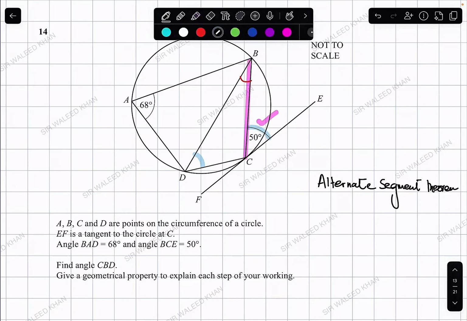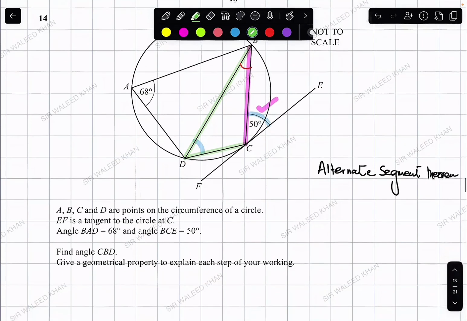The only angle made from this chord is at, let me highlight it, this point B towards the circumference and this point C towards the circumference. Again, saying it, the angle between the tangent and a chord, 50 over here, is the same as the angle made from that chord onto the circumference.